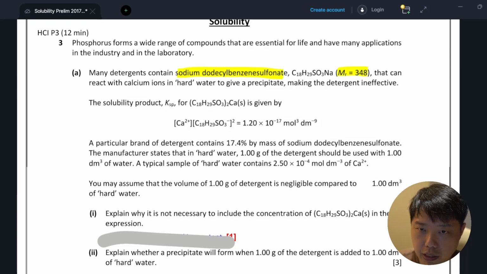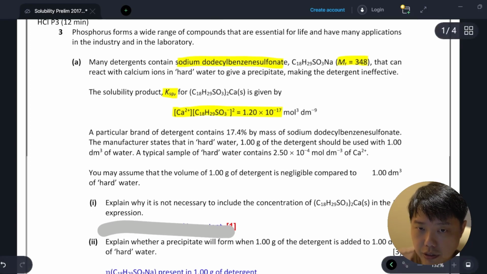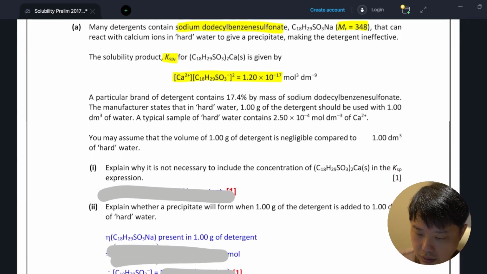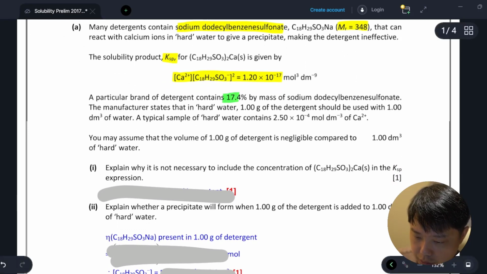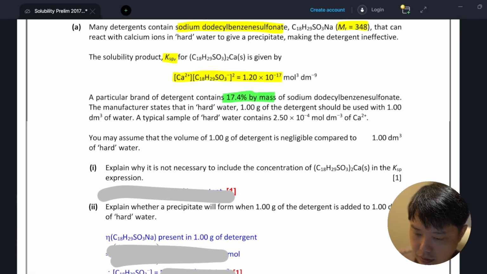It can react with calcium in hot water to give a precipitate, and they give you this Ksp equation. Then they say a particular brand of detergent contains 17.4% by mass of this salt.